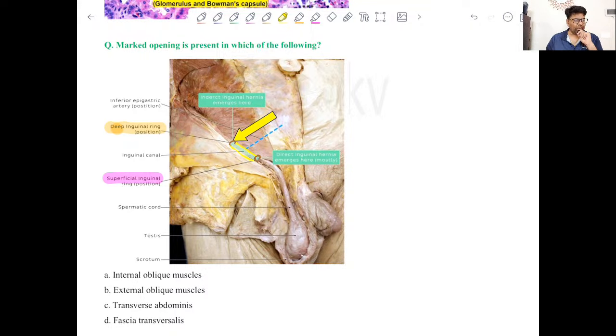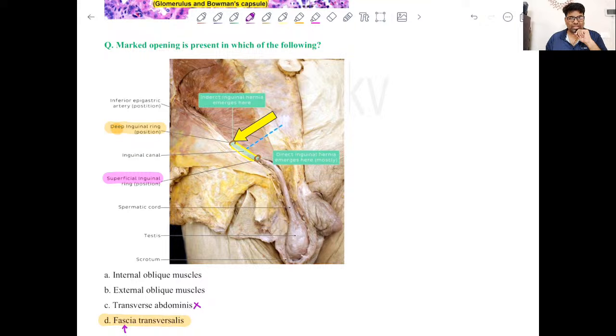So the deep inguinal ring is a defect in, yes, anyone? KK, you are absolutely right. Deep inguinal ring is a defect in fascia transversalis. I am repeating again, fascia transversalis, and please don't mark it as the muscle proper.